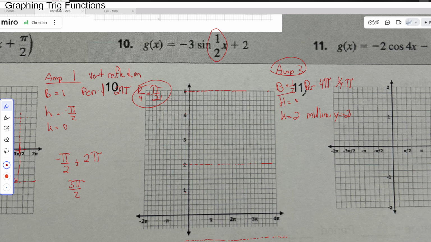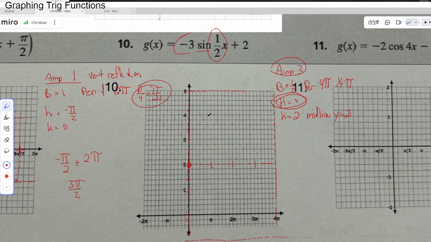All right, then I'll go with my h starting line, which luckily is 0. Those are the hardest when it has that horizontal shift. Period is 4 pi. Quarter period is pi. Fine. It's flipped.